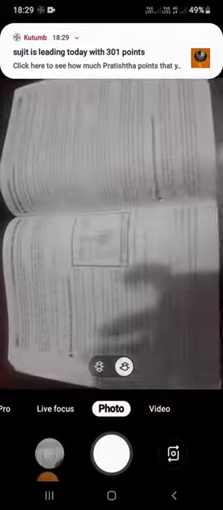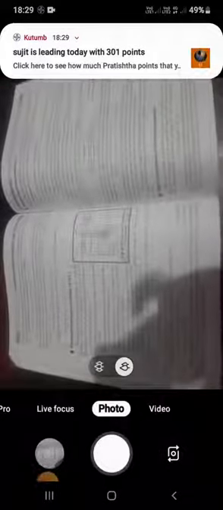So now what is standard hydrogen electrode? Standard means 298 Kelvin, 1 atmospheric pressure, and the concentration is 1 M. That's why we are saying standard.